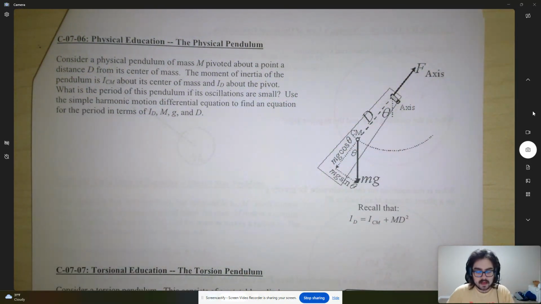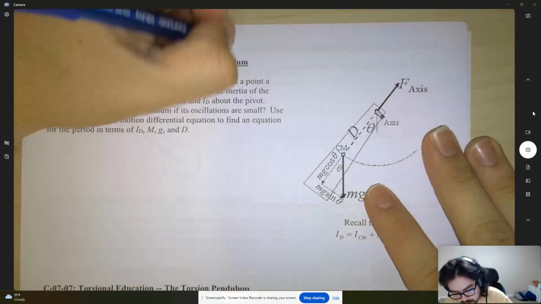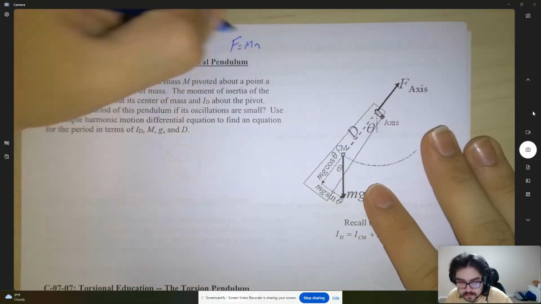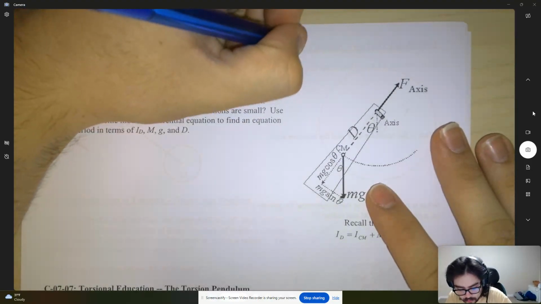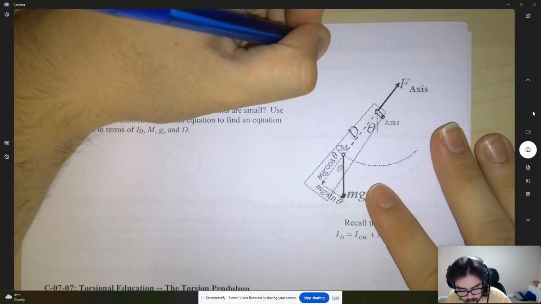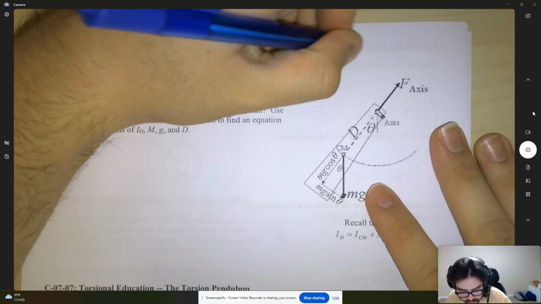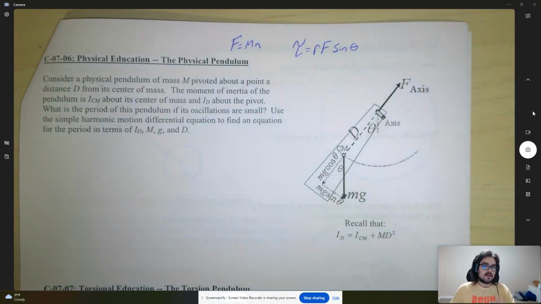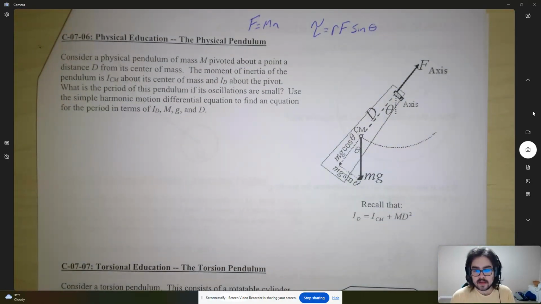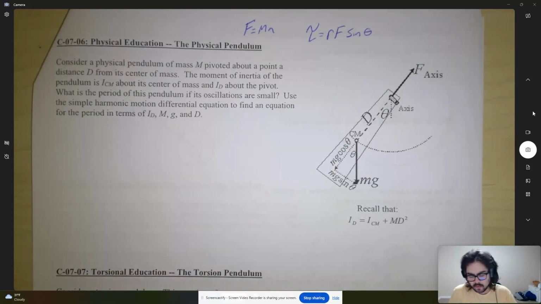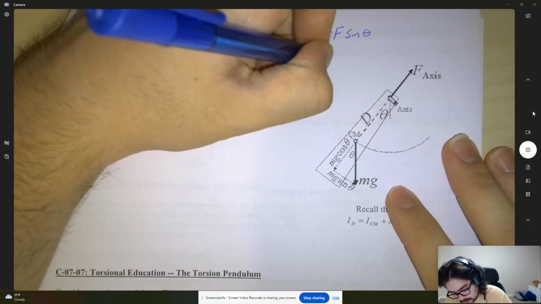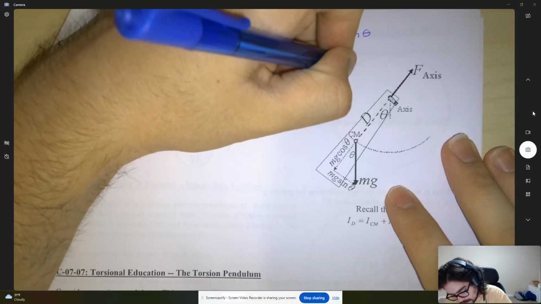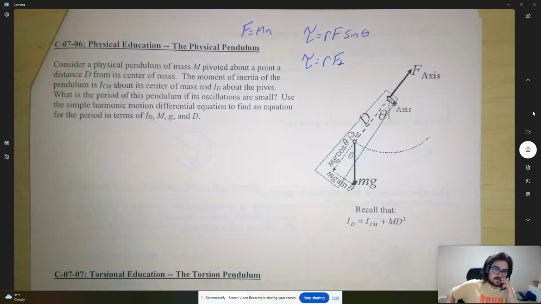I just want to remind you of a couple of equations. This is Newton's second law, F equals ma. That's pretty basic. Also, torque is equal to r F sine theta, or you can say r times F perpendicular to the r vector.